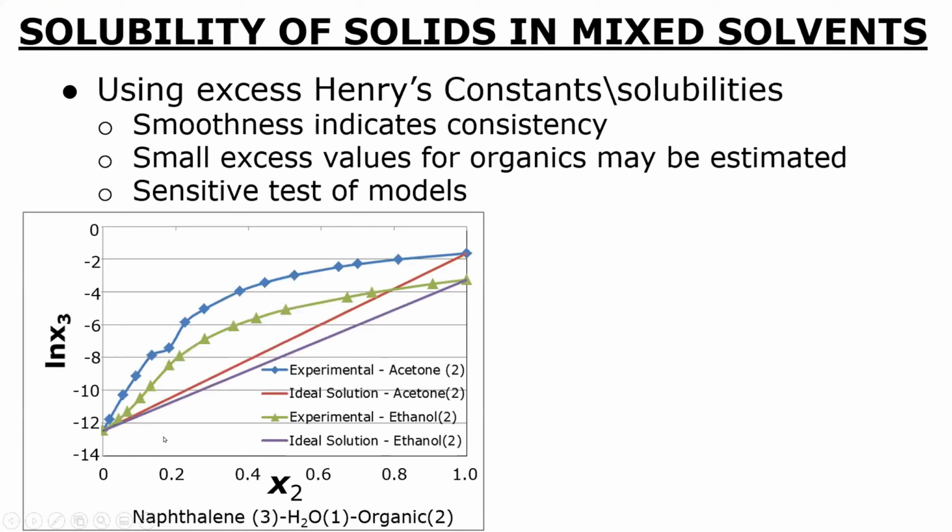For example, here's a plot of the mole fraction of solubility as a function of the solvent mole fraction for naphthalene, which is a solute, and water, with organics. So the acetone and ethanol are the two cases here. This is what you get for the ideal solution, and this is what you get for the solubility in the mixed solvent.